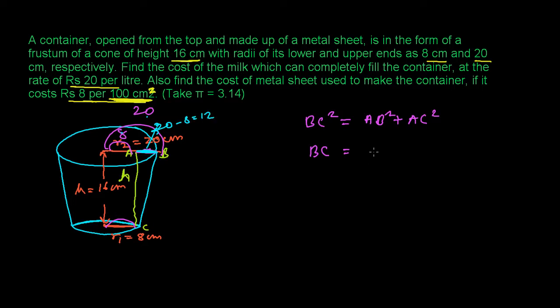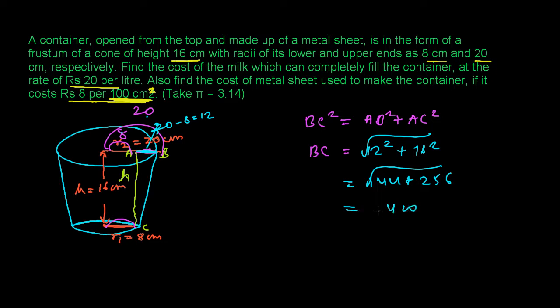So BC is the square root of 12 square plus AC square, and AC we know is 16, so it's the root of 144 plus 256, which is 400, and it will be 20. So BC equals 20 centimeter, which is our slanted height.